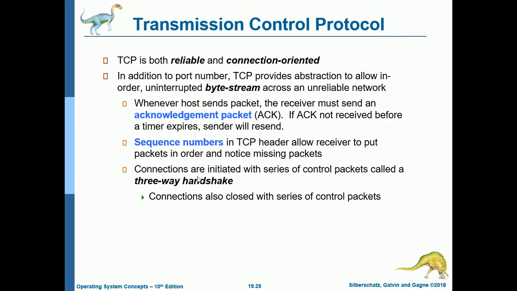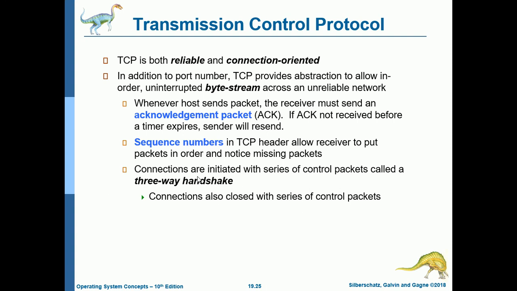What about the Transmission Control Protocol? TCP, compared with UDP, is both reliable and connection oriented. In addition to the port number, TCP provides an abstraction to allow an in-order, uninterrupted byte stream across an unreliable network. Whenever a host sends a packet, the receiver must send an acknowledgement packet to notify the sender that the receiver received the packet.